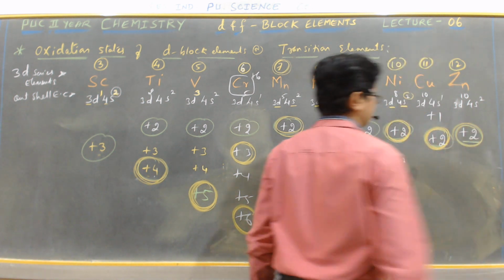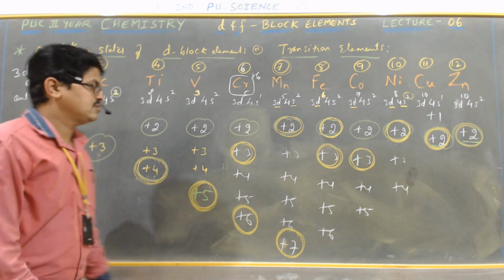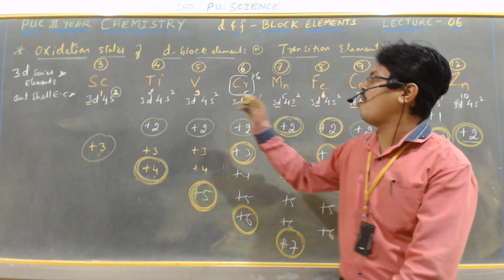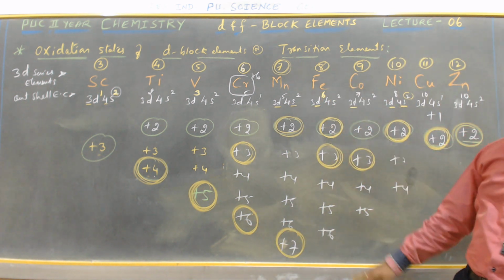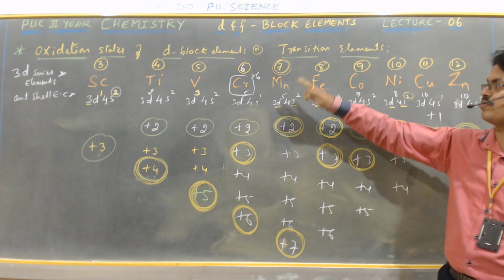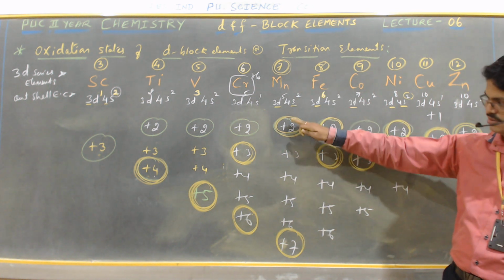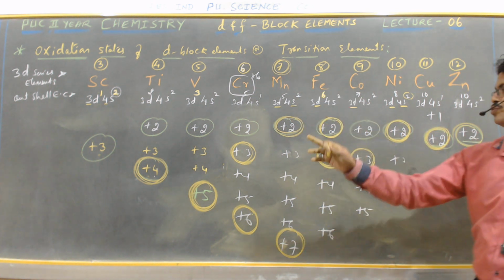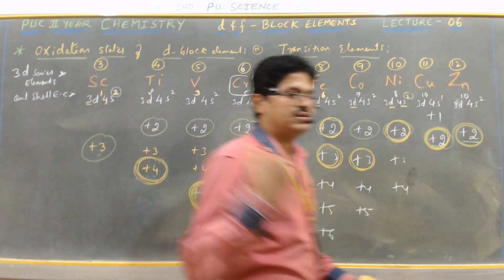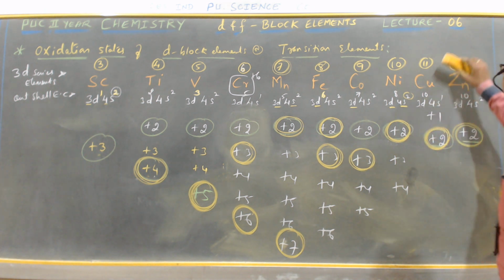Zinc plus 2. Okay, fine. So whatever I have encircled with yellow chalk are the stable oxidation states of these elements. Even though they exhibit variable oxidation states, the stable oxidation state with respect to each element is this, you can go through. Okay, that's it regarding the oxidation states of d block elements.